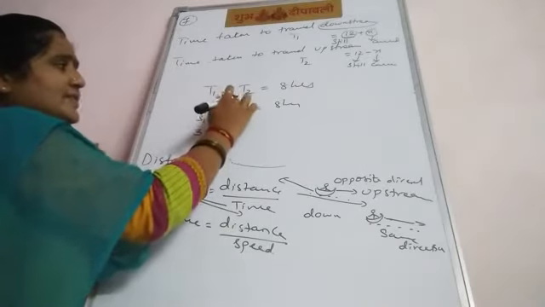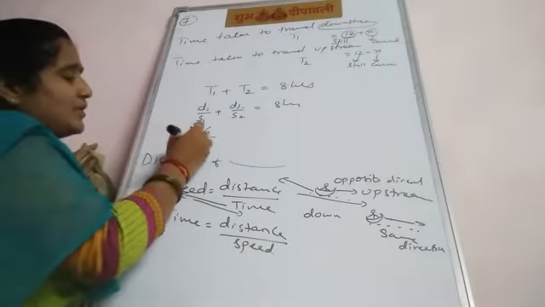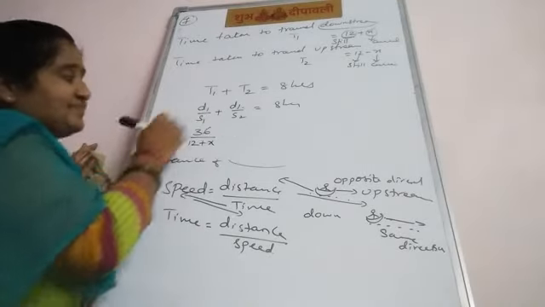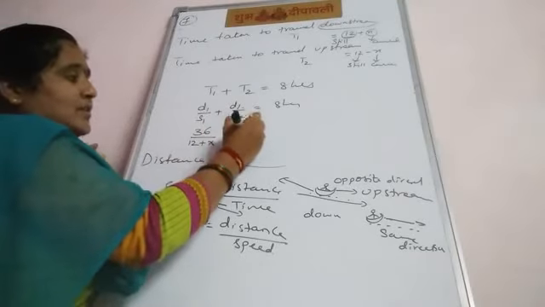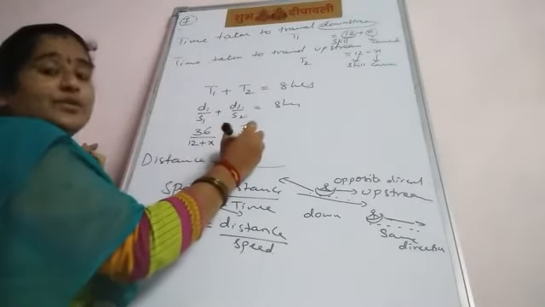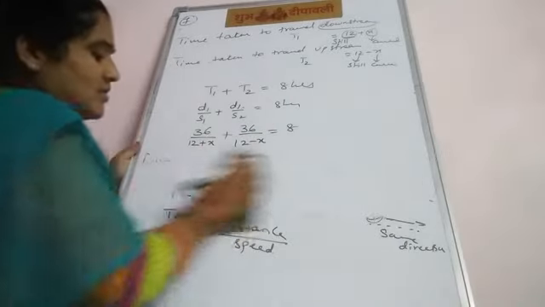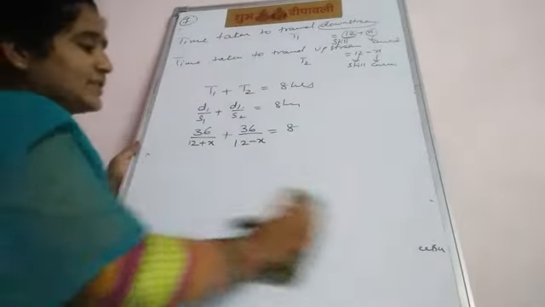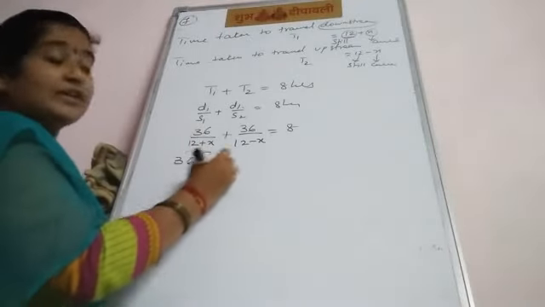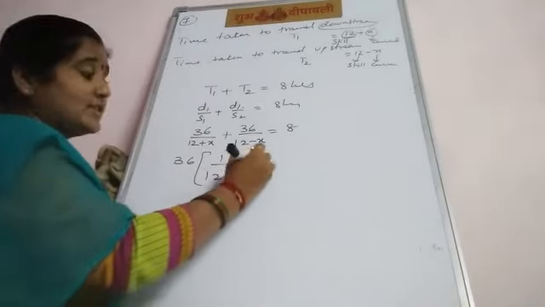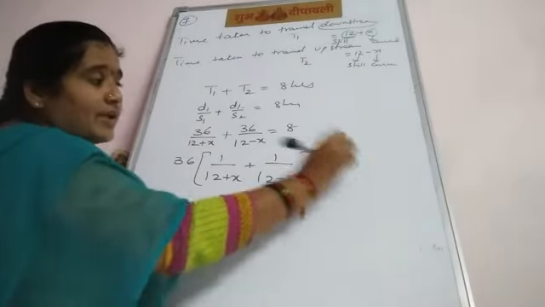Here the distance is the same, so I can take d1 only. 36 upon 12 plus x, this is downstream, plus 36 upon 12 minus x equals 8. Now 36 is common. 36 times the bracket 1 upon 12 plus x plus 1 upon 12 minus x equals 8.